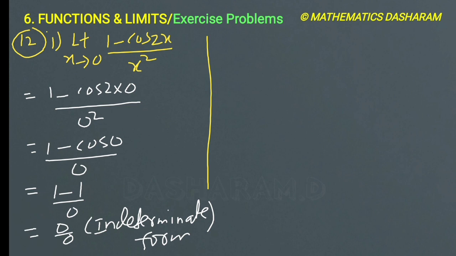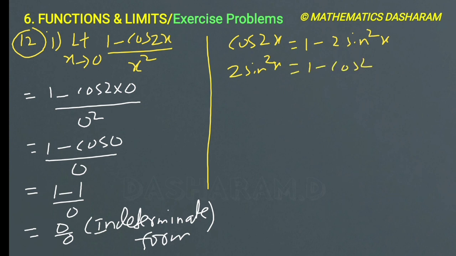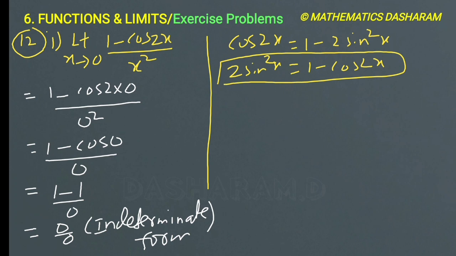So here the cos 2x formula is 1 minus 2 sin square x. From this, 2 sin square x is equal to 1 minus cos 2x. So apply this formula. Then limit x tends to 0 of 2 sin square x divided by x square.